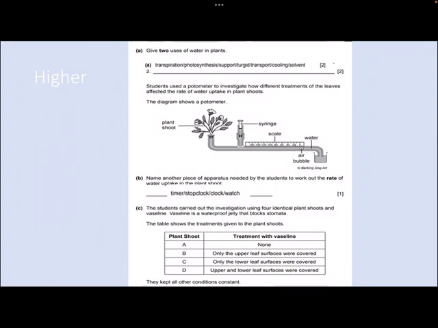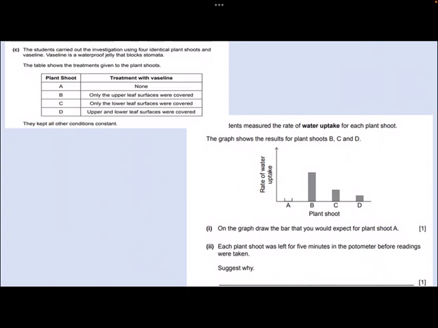The students carried out the investigation using 4 identical plant shoots and Vaseline. Vaseline is a waterproof jelly that blocks stomata. The table below shows the treatments given to the plant shoots. So A had no Vaseline on any surface, B the upper surface was covered, C the lower surface is covered, and D the upper and lower surfaces were covered. And all other conditions were kept constant.